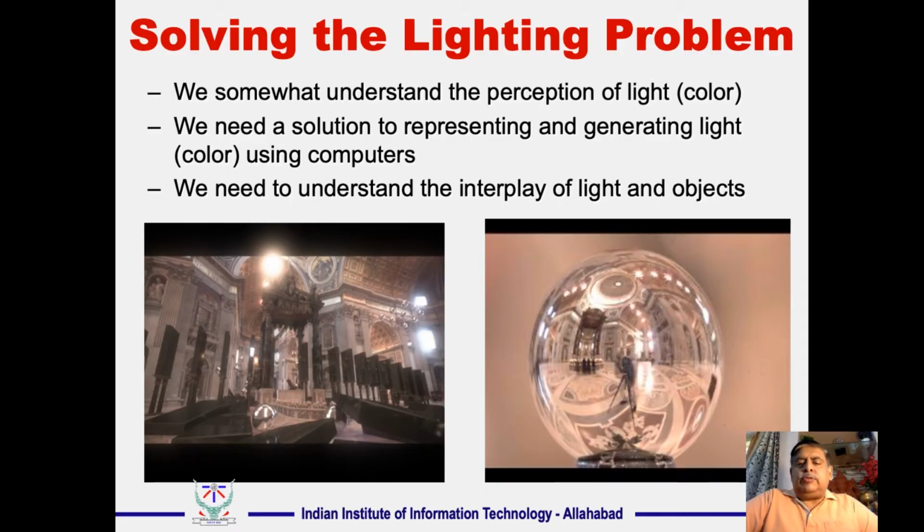So through just imaging the reflection over this sphere, you can get the picture of the whole cathedral. However, there is a distortion in the picture, and this distortion depends on the shape from where the light is reflecting. In this case, it is a sphere.